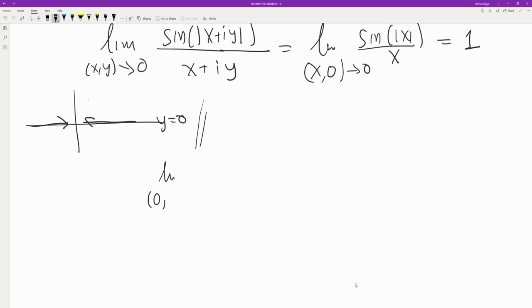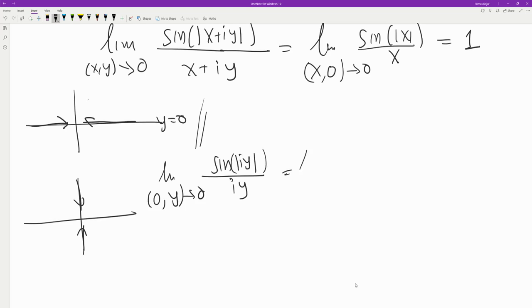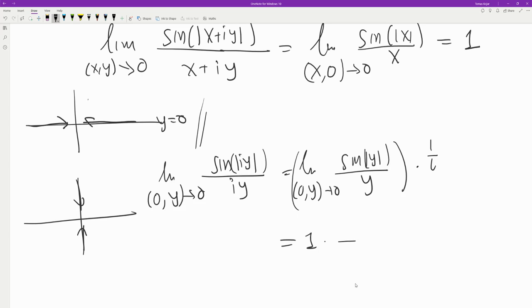Take the limit along the imaginary axis. Now, because of the absolute value, we get sine y times 1 over y. And this is 1 as above, times 1 over i, which is minus i, which is not 1.